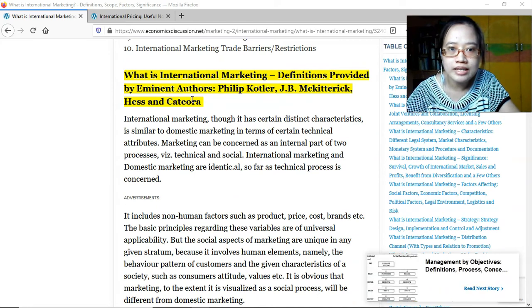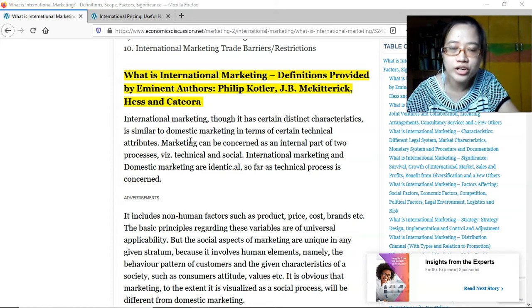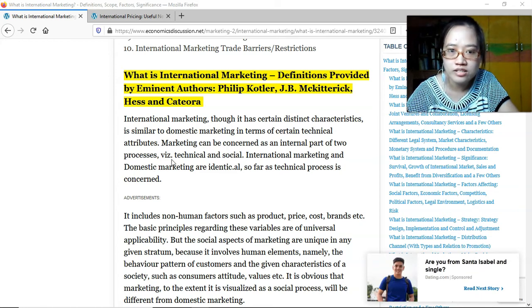Definition provided by eminent authors Philip Kotler, J.B. McKitterick, Hess, and Cateora. Though it has certain distinct characteristics, it is similar to domestic marketing in terms of certain technical attributes. Marketing can be conceived as an integral part of two processes, technical and social.